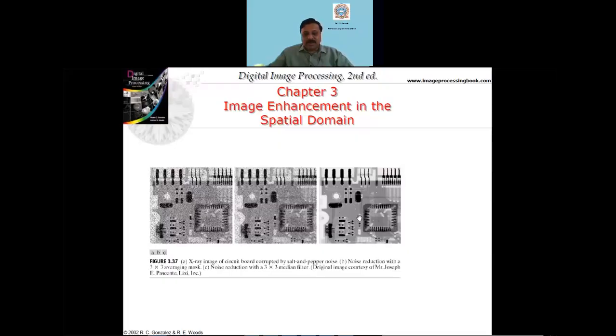If you keep applying the median filter more than 2 or 3 times on the same image, the first one or two iterations will remove salt and pepper noise, but later it will also start removing the edge information, obviously, because it starts seeing the edges as noise. So it is not wise or advisable to apply the median filter too many times. Once is better. If there is still some noise, you can apply it one more time on the same image, but don't do it more than that.